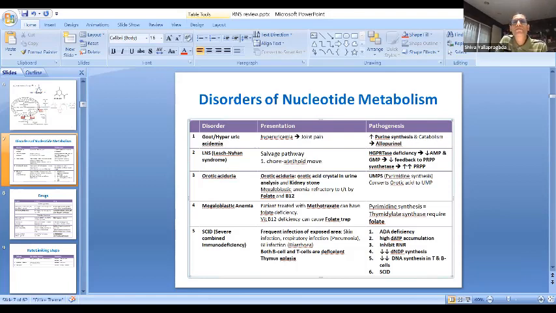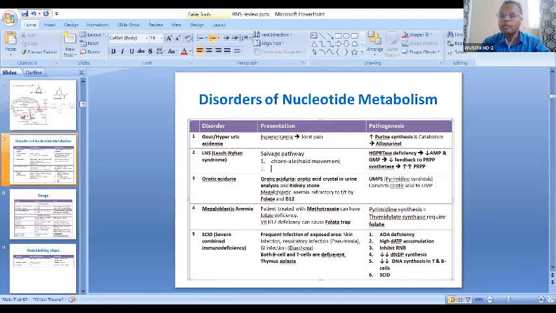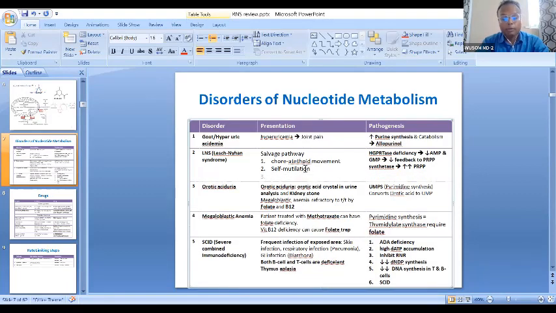Then second is what? Self-mutilation. Yes, the child will try to bite themselves. And what else? The diaper will be full of uric acid crystals. Uric acid crystals, yes.